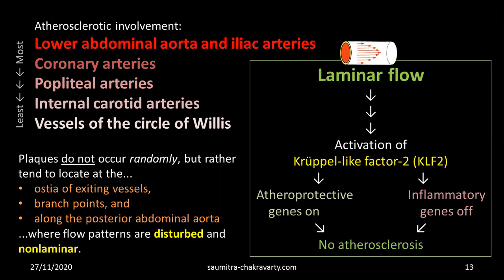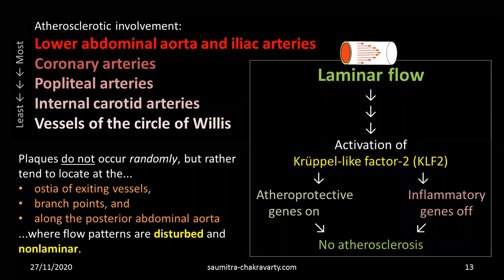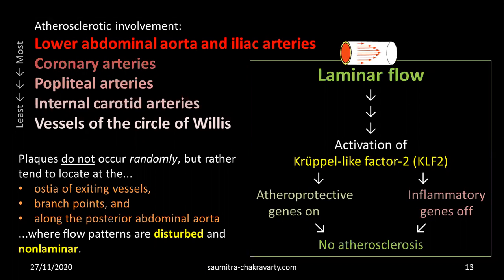So which flow creates more force, more pressure on the vessel wall? Laminar flow or turbulent flow? Turbulent flow. The endothelial cells have mechanoreceptors. They can sense pressure and force. They have proteins like that.